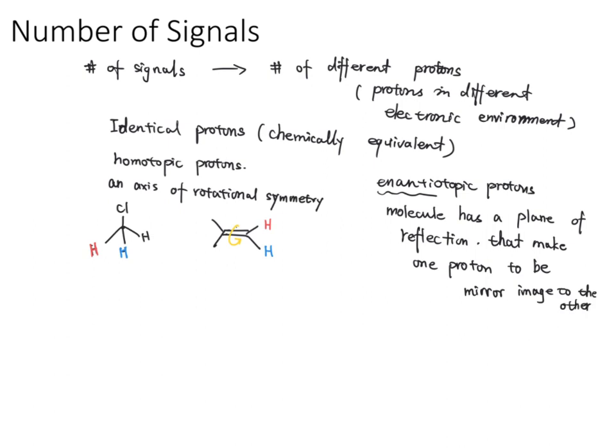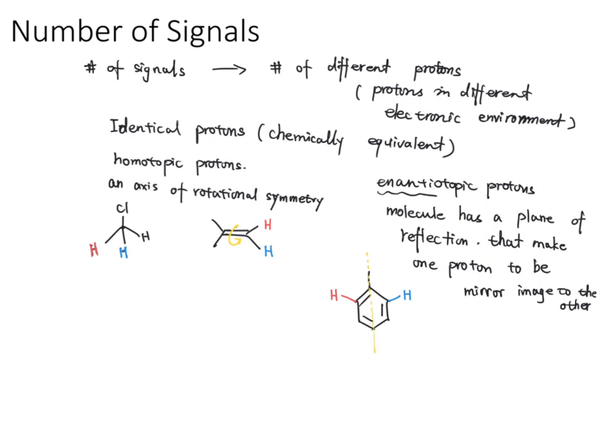I'm going to give you one example right here. If we are looking at a molecule like this, this is a benzene ring. I'm going to put a methyl group right here, and now we are looking at this red proton and this blue proton. This is toluene.